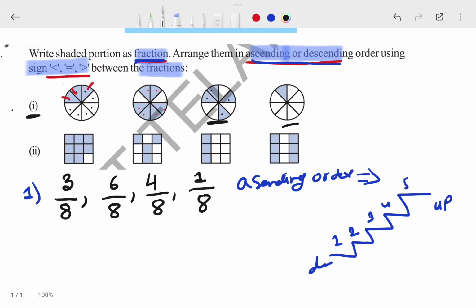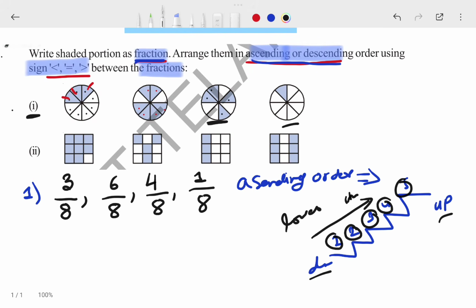You go from down to up, from a small number, then a bigger number, then bigger than this number, then bigger than this one. It means we are going from a lower number to a higher number, small to big. So ascending order means the same.